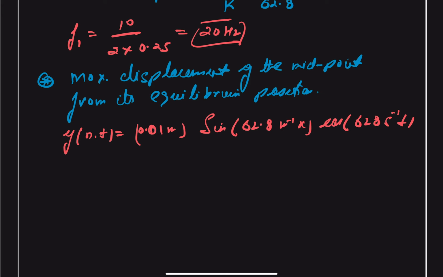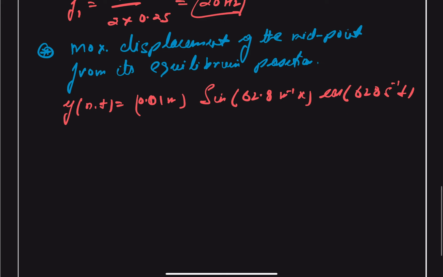And from here we can easily say that our amplitude A will be equal to 0.01 meters. So which corresponds to maximum displacement at any point on the string.